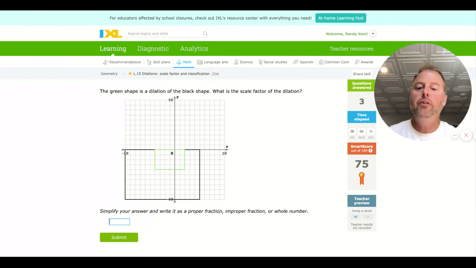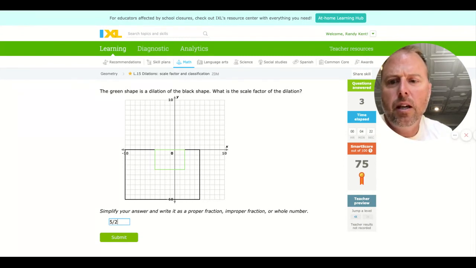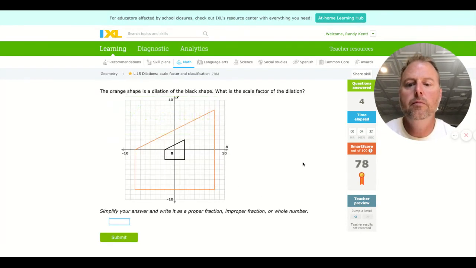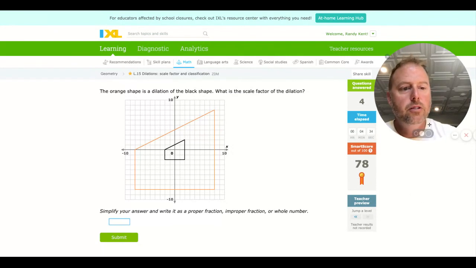So if you're going from 5 to 2, what I would just do is do 5 halves. That would be the improper fraction to use. So don't put 2.5. And actually, we're going smaller, right? Green is a dilation of the black. So we're going from bigger to smaller. So I've got to flip that over and make it 2/5. And that should be it. If you have any questions, let me know.